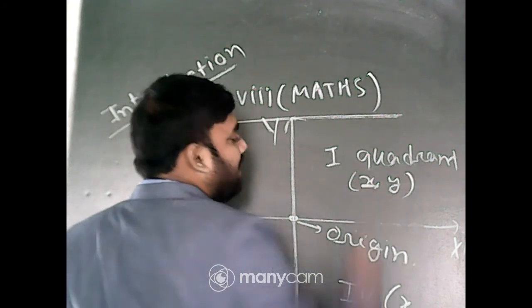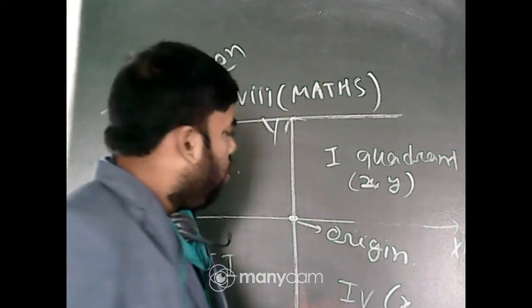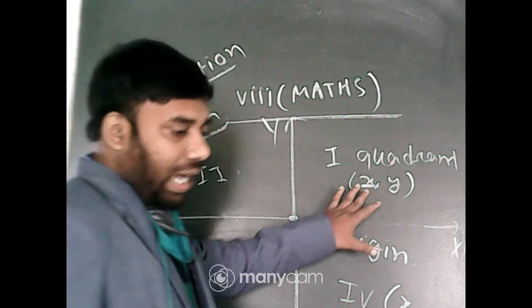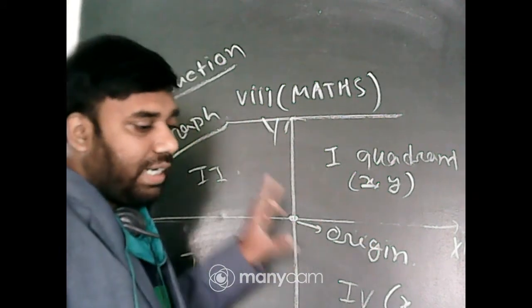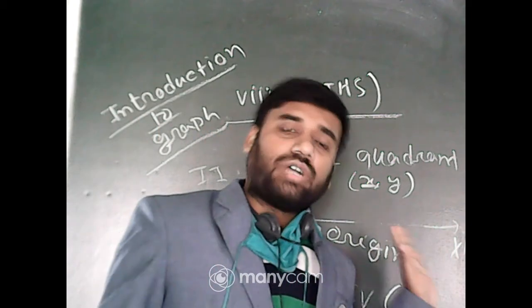The first one is the x coordinate and the second one is the y coordinate. I will explain later what we mean by the x coordinate. With 2 coordinates, I can plot a point on the plane. This is also called the Cartesian plane.